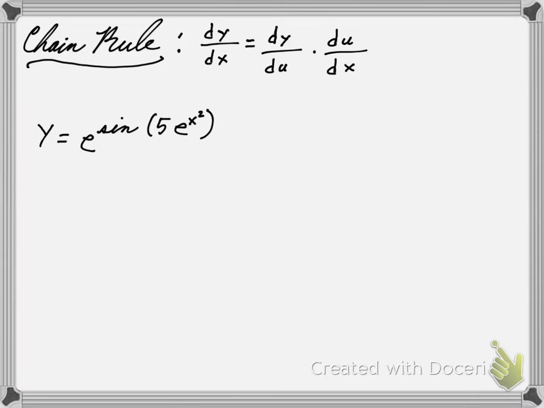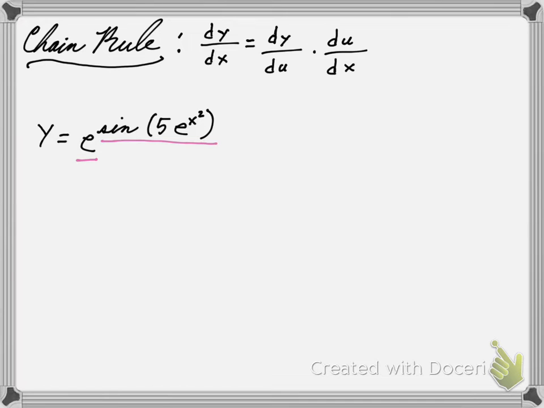Whenever you're using chain rule, you need to identify an inner and outer function. Here you notice that if you look back, kind of see the forest for the trees, y is equal to e raised to the power of a blank.